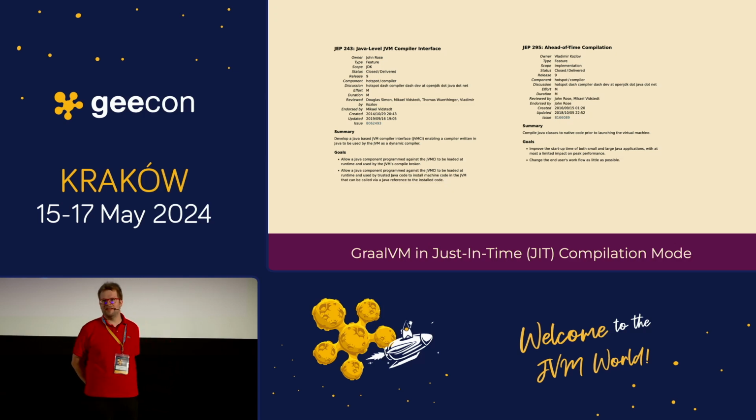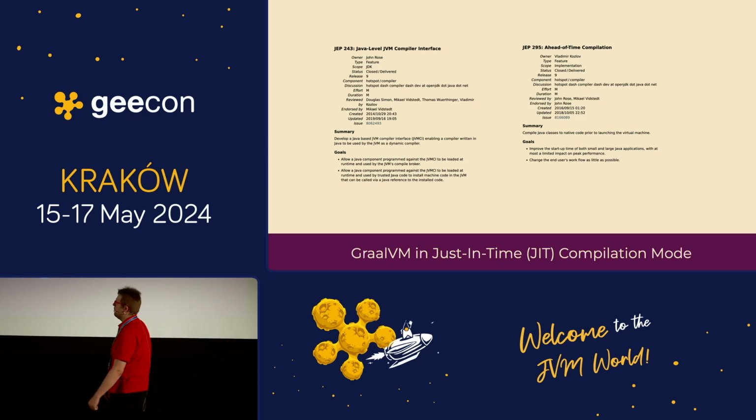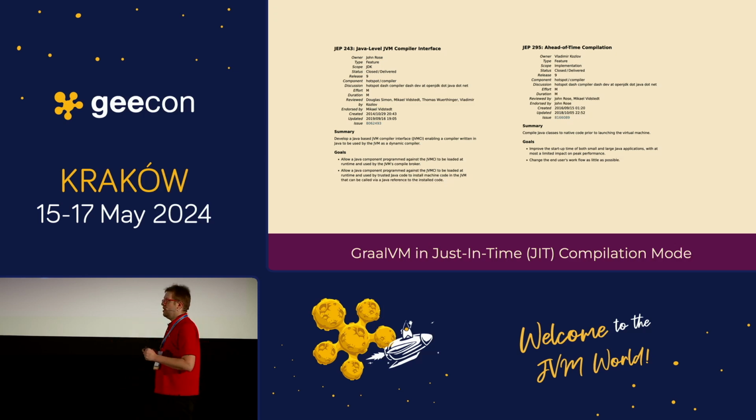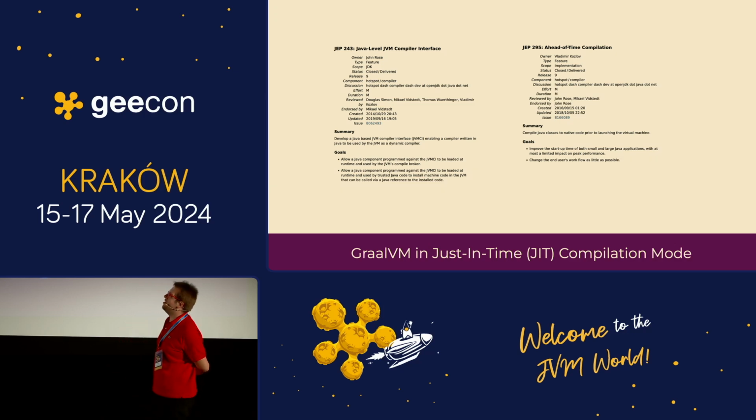Who has heard about it? Yeah. So this was the project that said, okay, if we have problems or we want different approaches to C1 and C2, probably we should introduce a way to plug something external into our Java virtual machine.